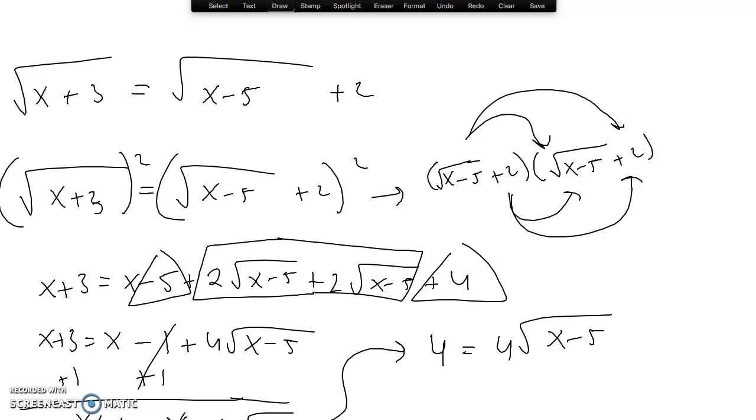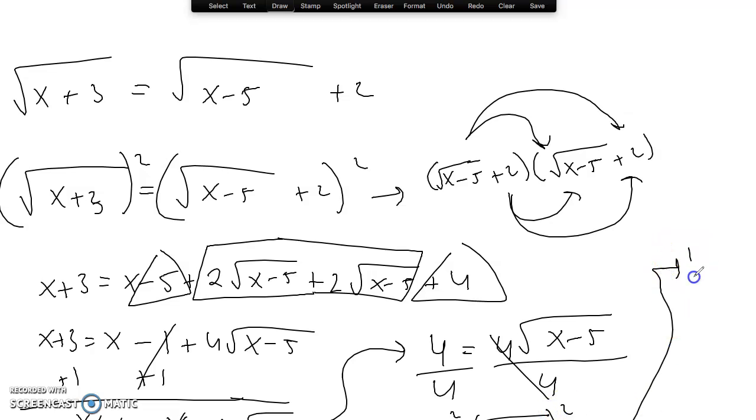So what I did here is I subtracted the x on both sides. I got rid of it. Then I'm going to get rid of the 4 that's being multiplied here, so I'm going to divide it out. So that's 1 equals square root of x minus 5. Then I'm going to square both sides. So I'm left with 1 equals x minus 5. Then I'm going to add 5 on both sides.